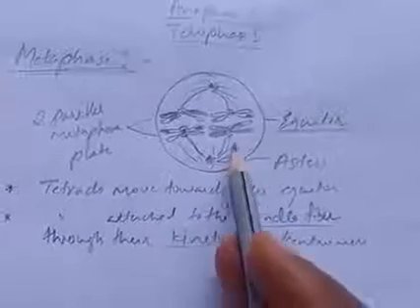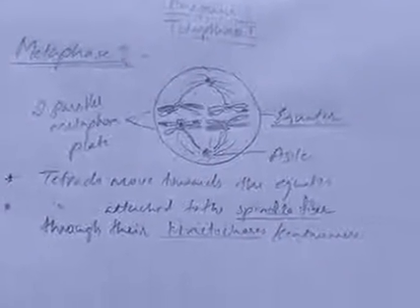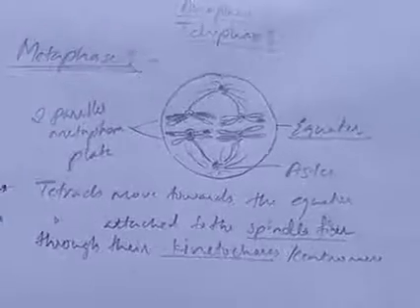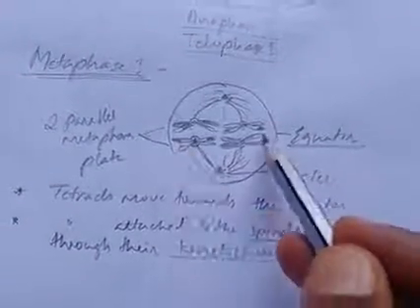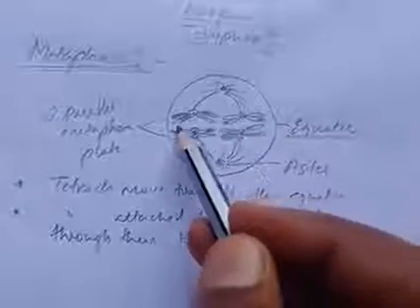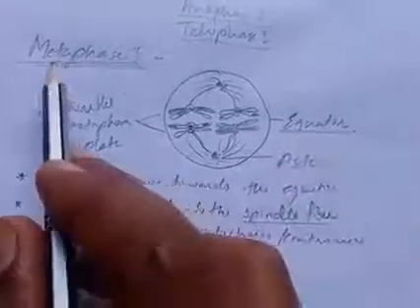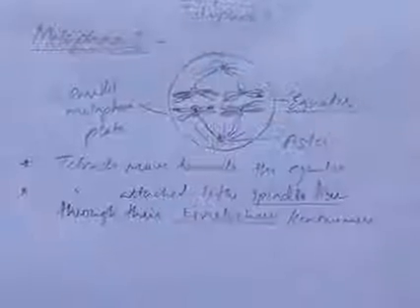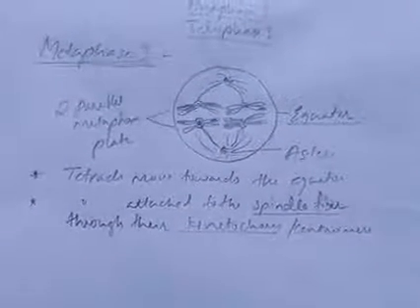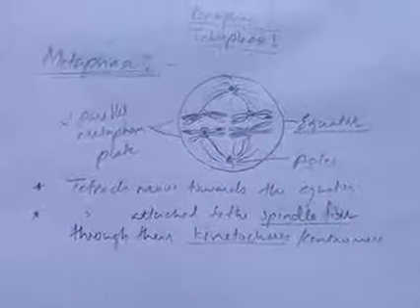So we may observe this, right? This type of arrangement, where the chromosomes are arranged at the equator, is known as the metaphase, right?